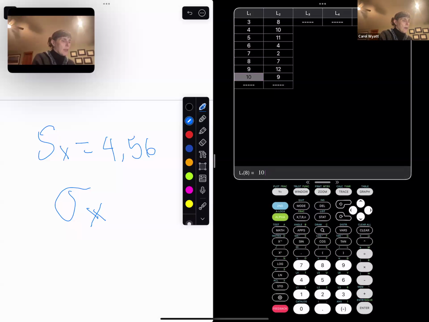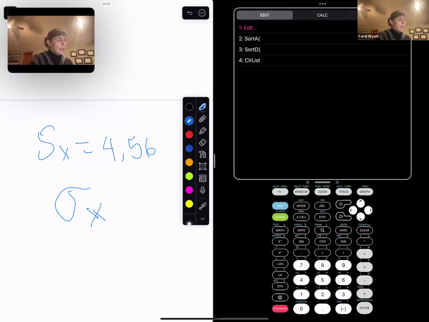In my list 2, I'm going to type my frequencies: 5, 0, 2, 0, 4, 3, 3, 2. And now I'm going to find the mean and the median of this by choosing stats.